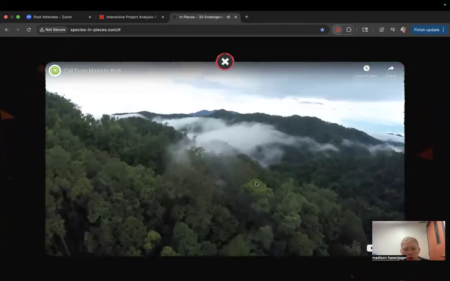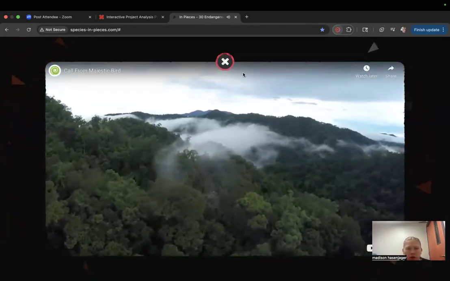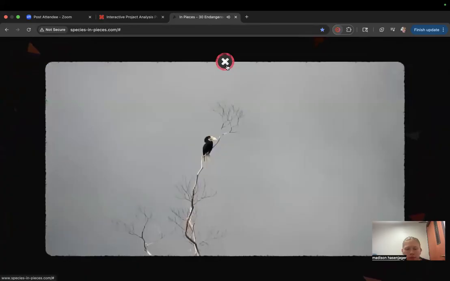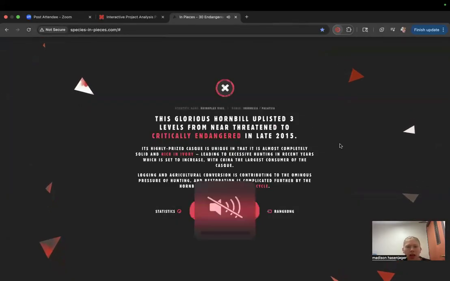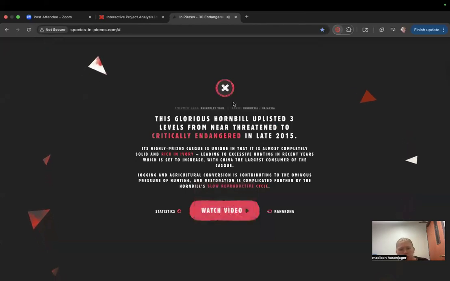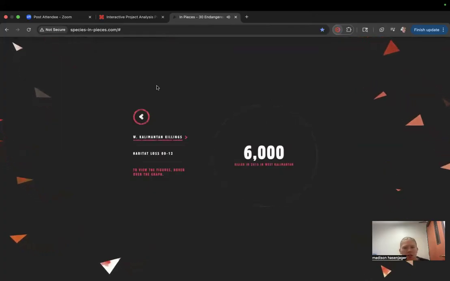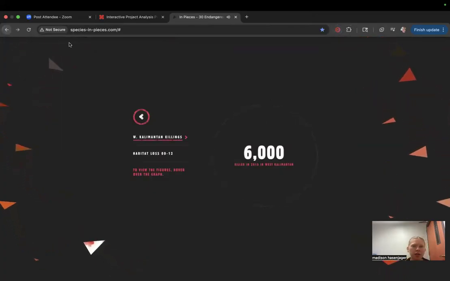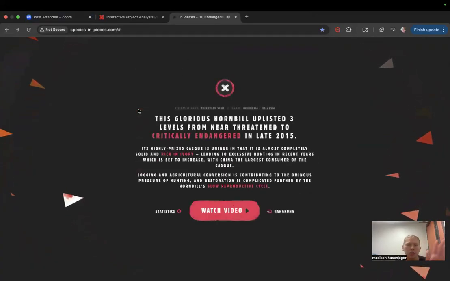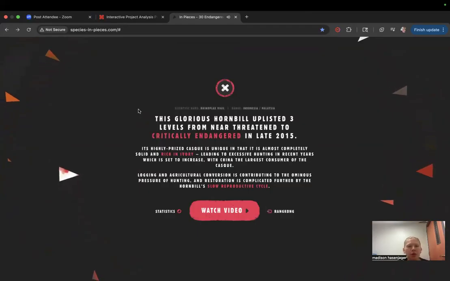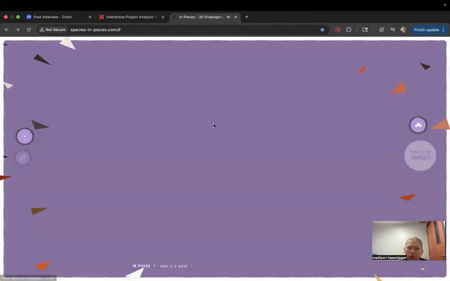There's a little clip for this one, and a little bit of that one. It shows what the threats are, and they also have a lot of information like this. Their main goal is to raise awareness about these species and their conservation status in a way that's both educational and visually interesting.